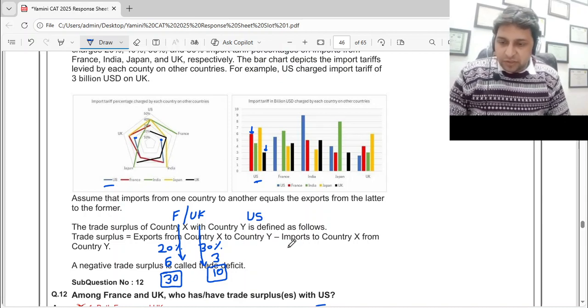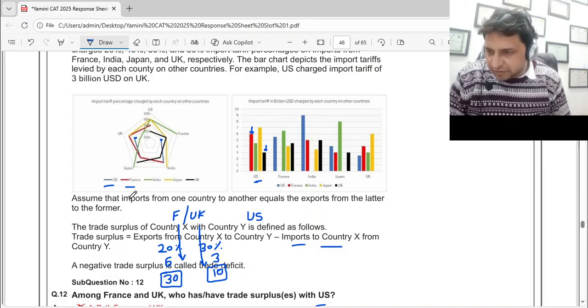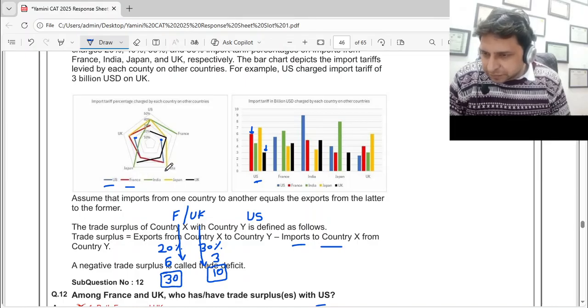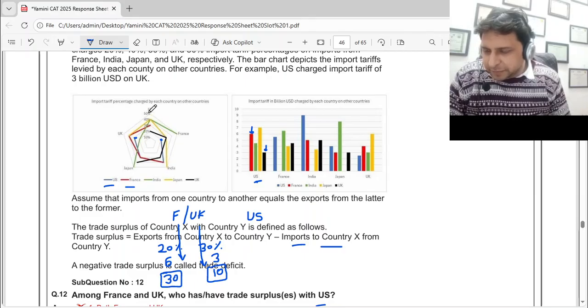Now when we talk about import to country X, now we're going to take France from here. Now this line for US we have to see. So US is here.